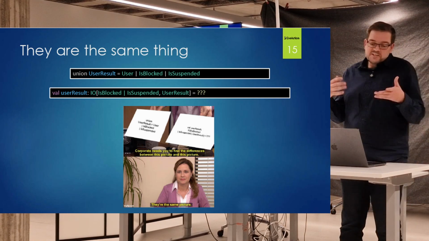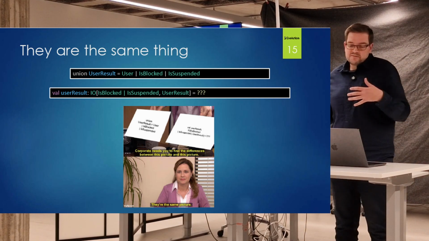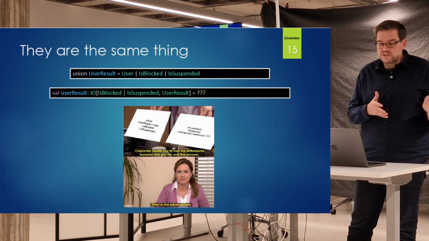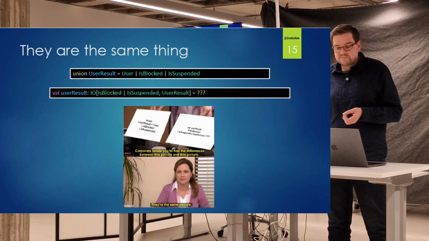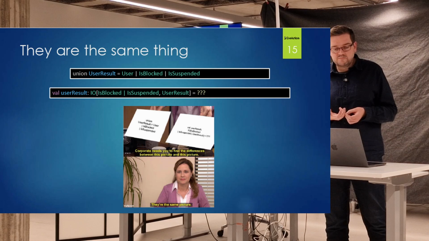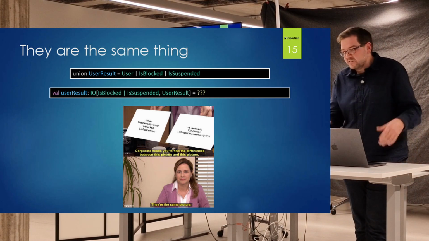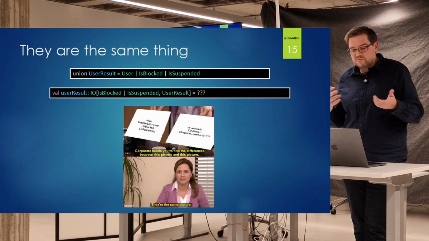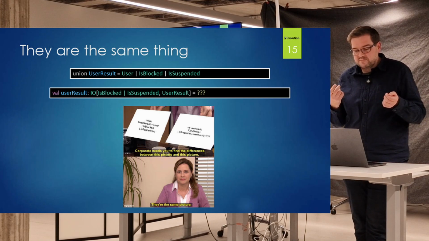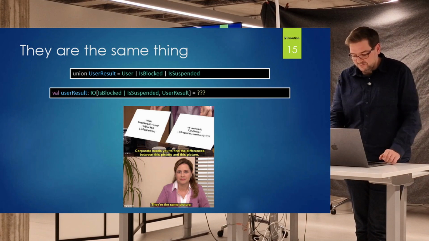But ZIO already has this, because you have this error channel, or the failure channel, and you have your result channel. Maybe it's not a channel. They're the same thing, or they're isomorphic in a way. You can go from one to the other, and from the other a bit harder, but you can go to the first one.